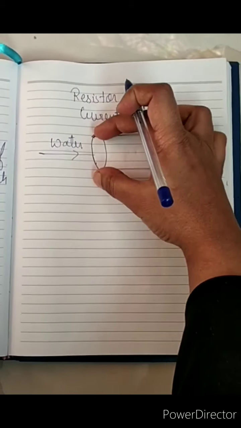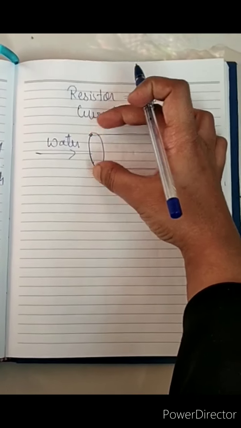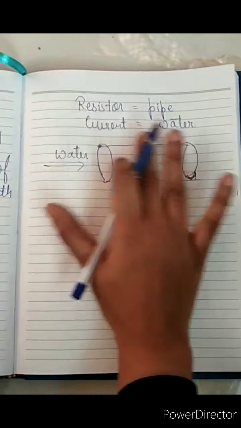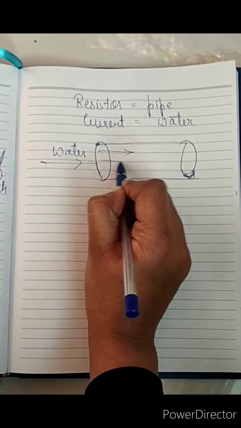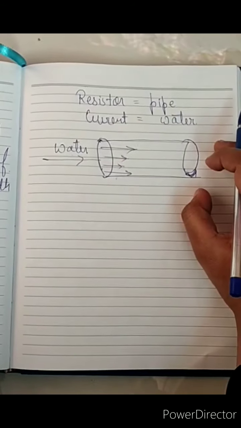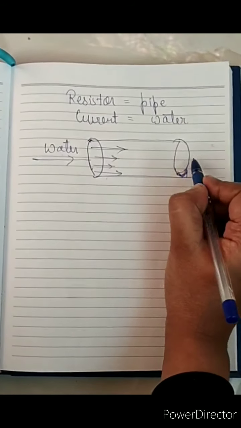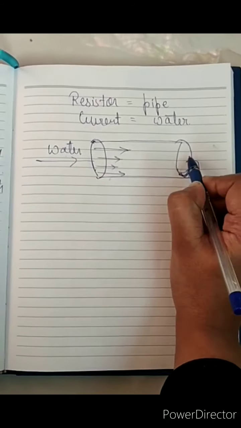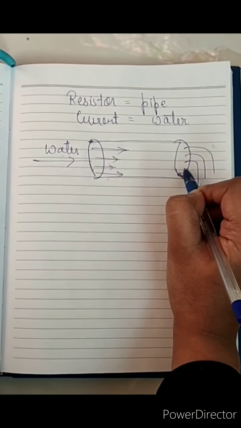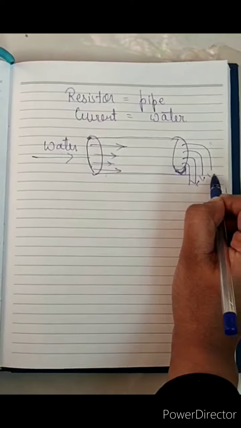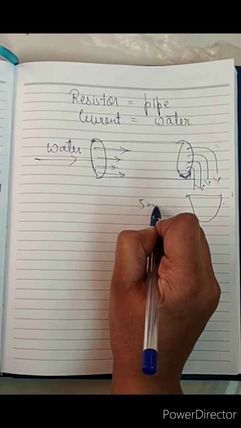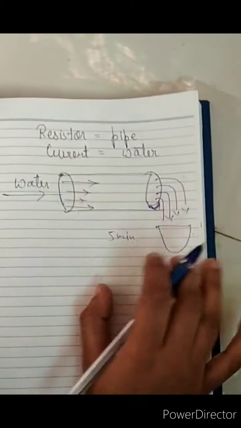Now since the cross-sectional area is very large, the width is very large, so water will go in with high velocity. You can easily see the flux of the water. A very large quantity of water, and the velocity is very high. So in a very short time, this mug will fill. Let's say it will take 5 minutes to fill. What does it mean?